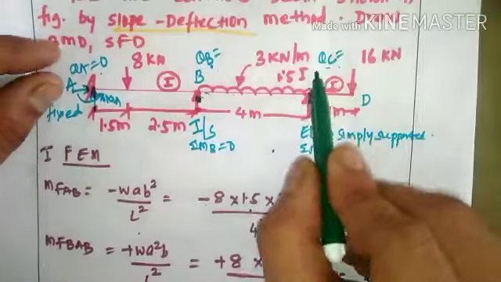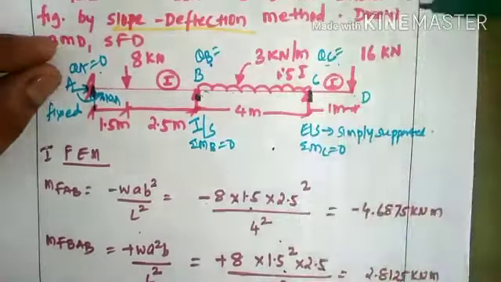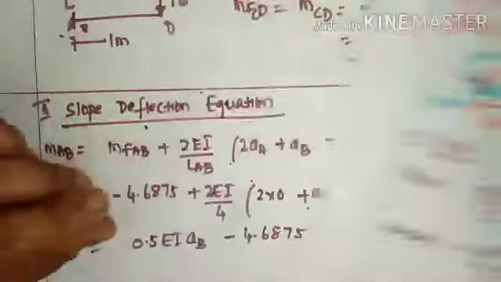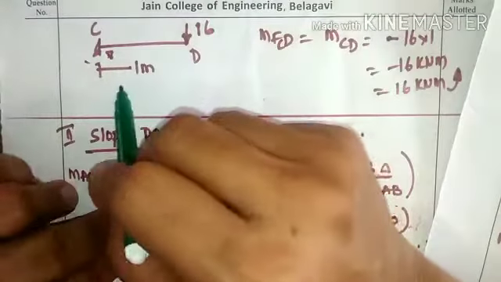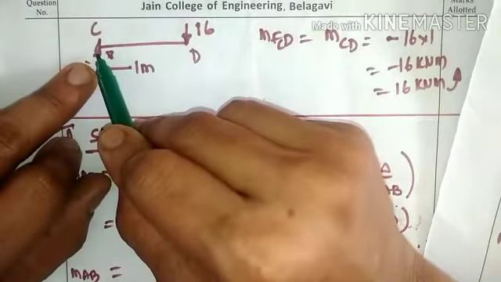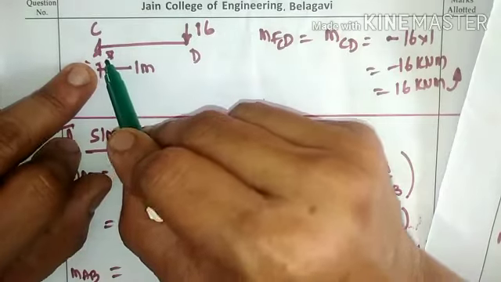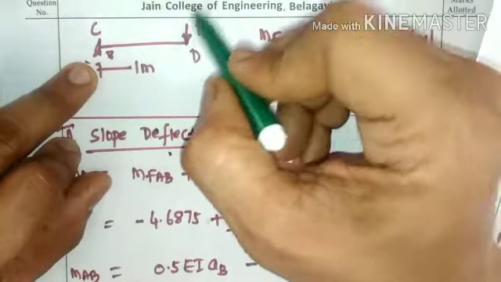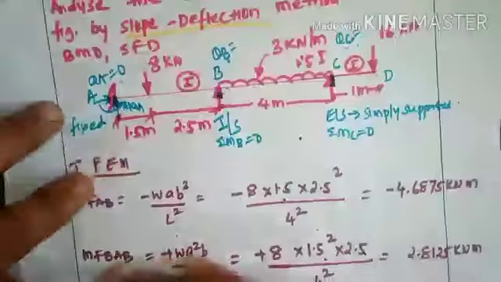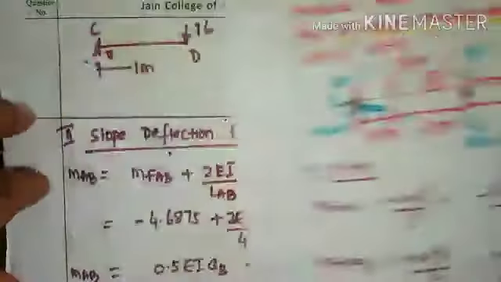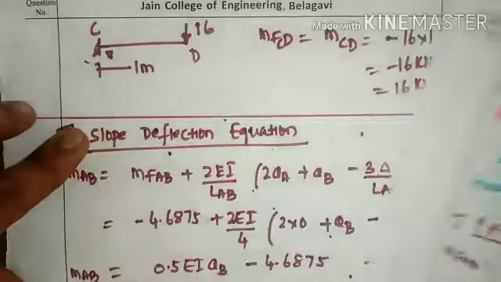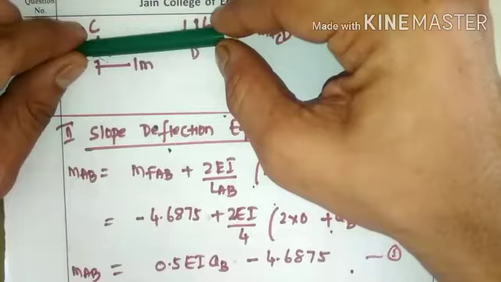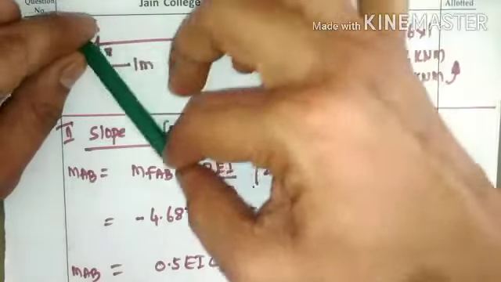Now, care needs to be taken for the span C to D, because D doesn't have any support, only C has a support. In that situation, the diagram will be represented like this. C will have a support which will be considered as fixed for the calculation of fixed end moment, whereas D will remain as a free end because in the diagram there is no support here. So if you start solving here, the 16 kilonewton load is on the top fiber, which will rotate in clockwise direction.